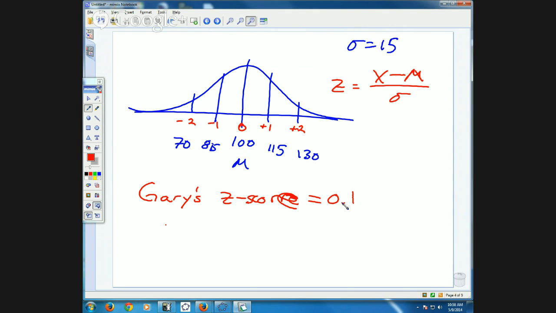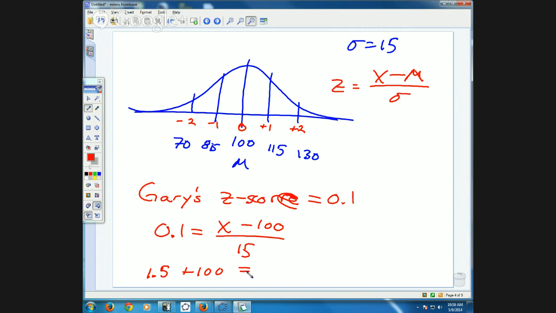I know that my z-score is 0.1. I don't know what my x is. My x is my IQ, but I do know the mean is 100, and the standard deviation is 15. So that means I'm 1/10 of a standard deviation above. What's 1/10 of 15? Wouldn't you agree to solve for x I would multiply the 15 up? That gives me 1.5, and then I would add the 100 over, agreed?